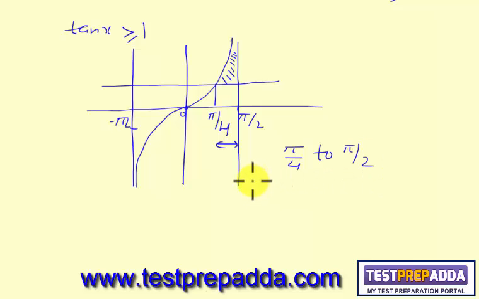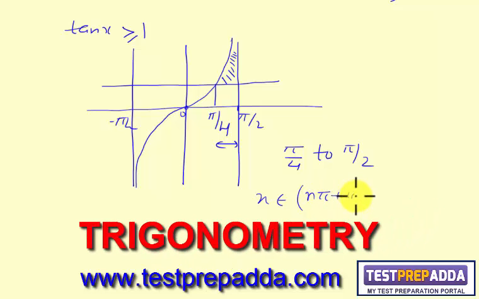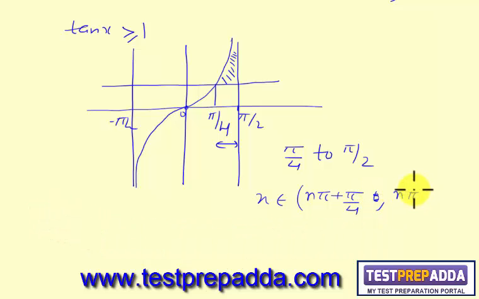Right? So in general, if I try to write, it will become x belongs to n pi plus pi by 4 to n pi plus pi by 2. Got it? So this way we solve inequations.